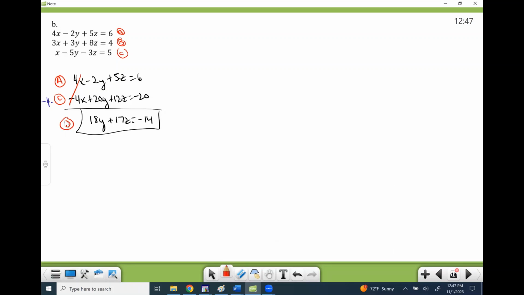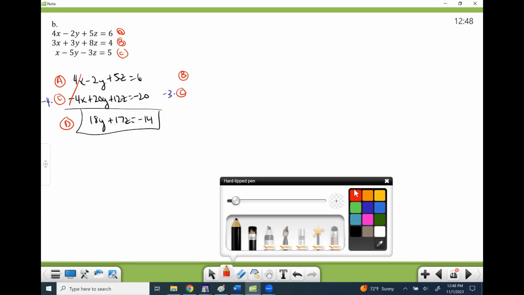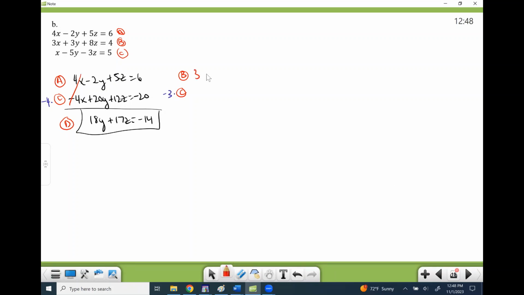And now I'll probably put B and C together. So I still want to use that 1 on equation C. So if this is a 3, then I would like for this one to be a -3. So that's what I would have to multiply by. All right, so B is going to be unchanged.